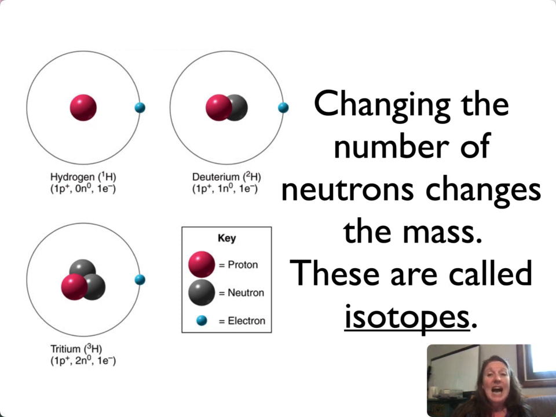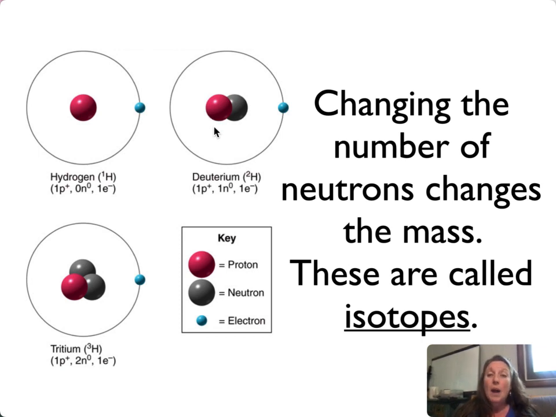But it's not an even one because there are small quantities of this isotope and this isotope that exist. And therefore, the average mass of the element around the universe is slightly higher than 1. If this were the most common isotope, then the atomic mass that we saw in the periodic table would be closest to the number 2.